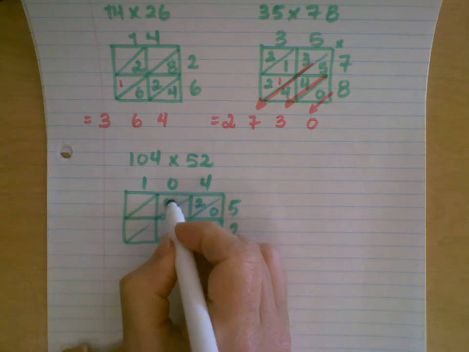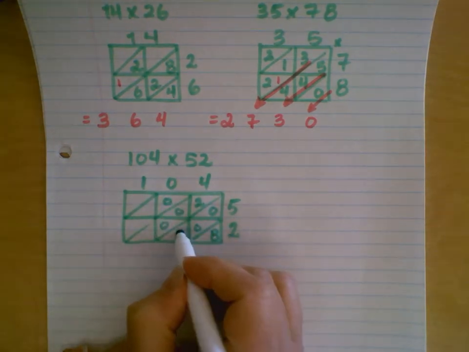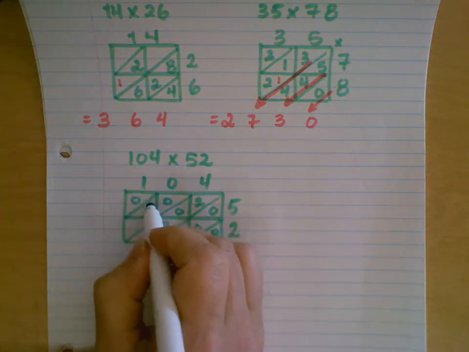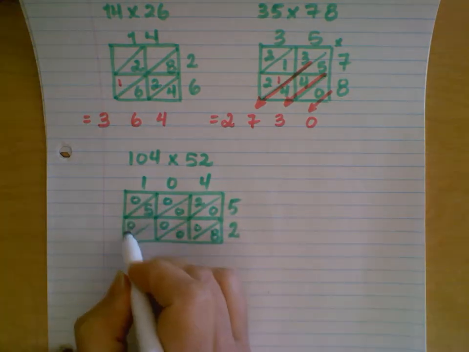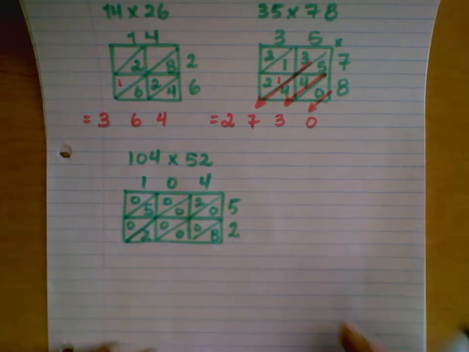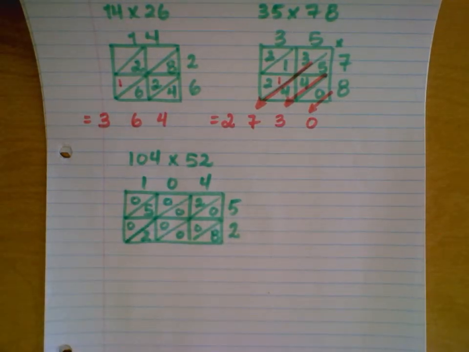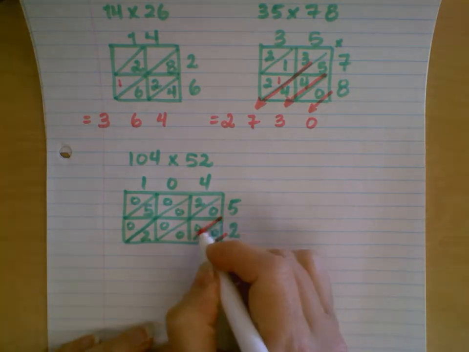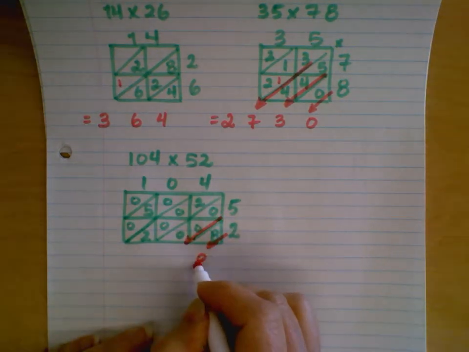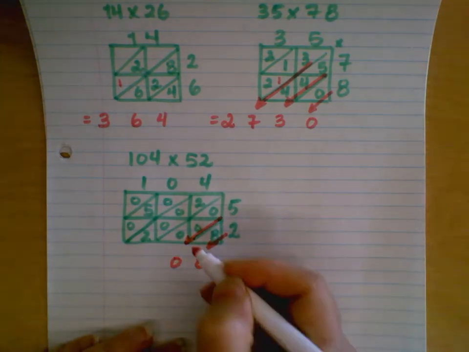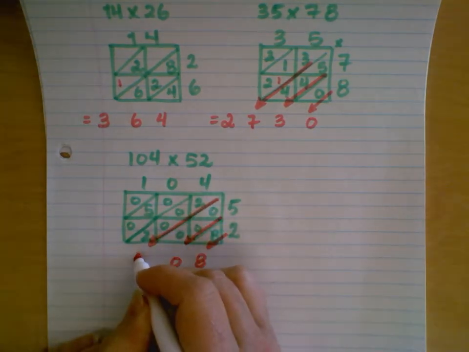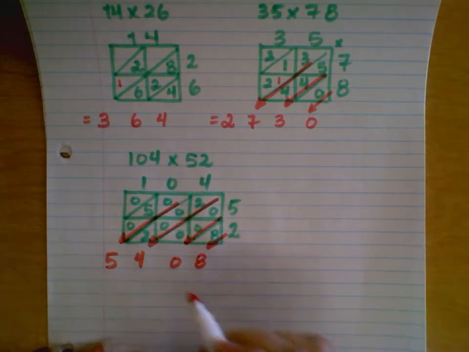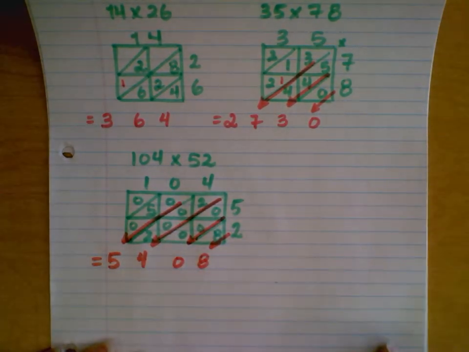I'm going to put in some placeholders here. 0 times everything's 0. 1 times 5. And 1 times 2. So the units go below the line, tens above the line. And then we just read diagonally each of the values. So I have 8 ones, I have 0 tens, I have 4 hundreds, and I have 5 thousands in that answer.